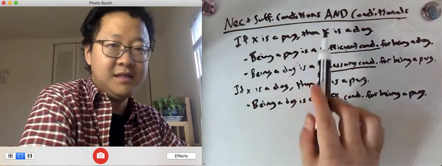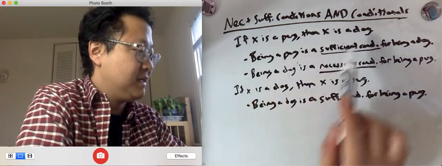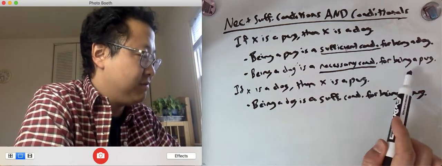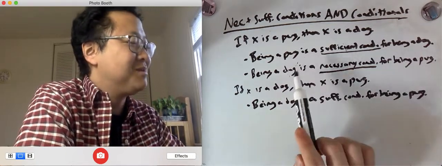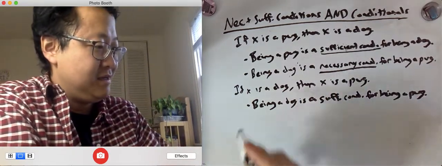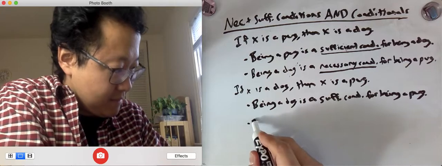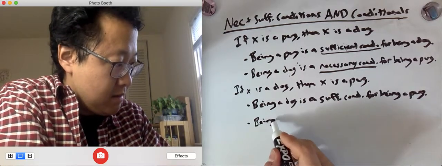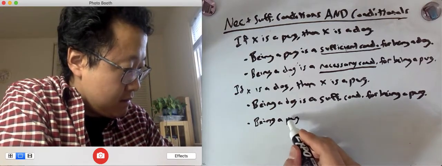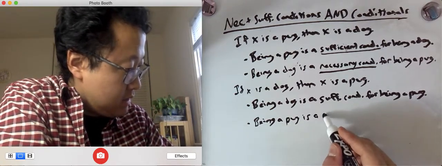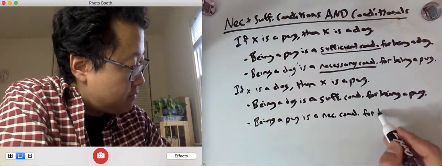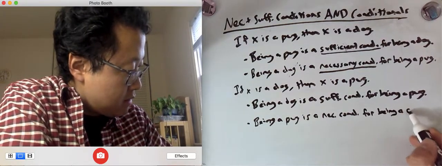And then if we looked at this one, if X is a pug and X is a dog, we're saying that being a dog is a necessary condition for being a pug. So we're saying the right side is a necessary condition for the left side. So we're saying being a pug is a necessary condition for being a dog.